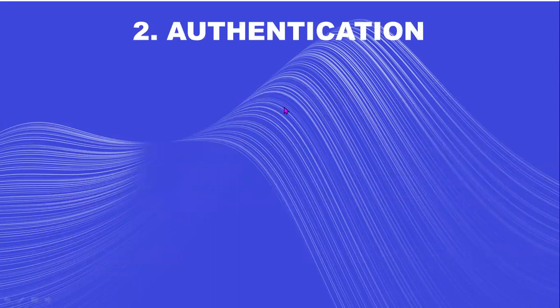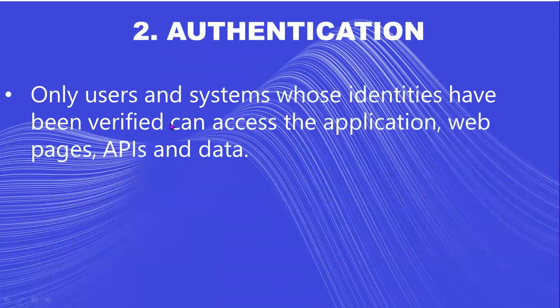Authentication means, I hope you all know, giving access to the users who can log in to the application. Only the users and systems whose identities have been verified can access the application: web pages, APIs, and data.